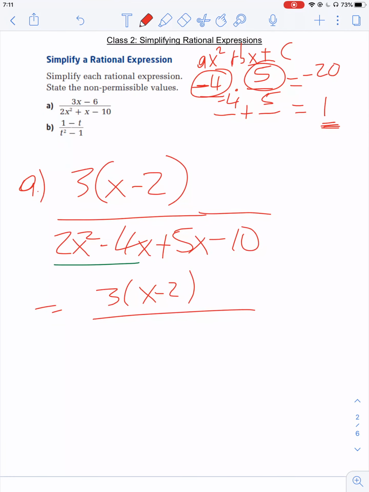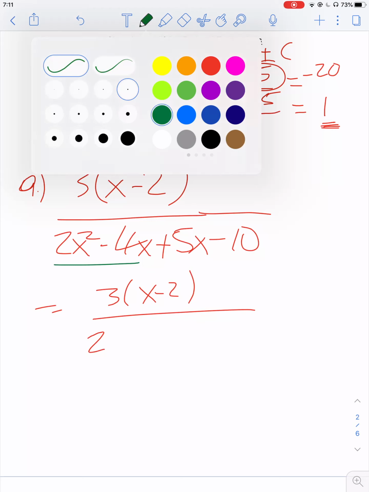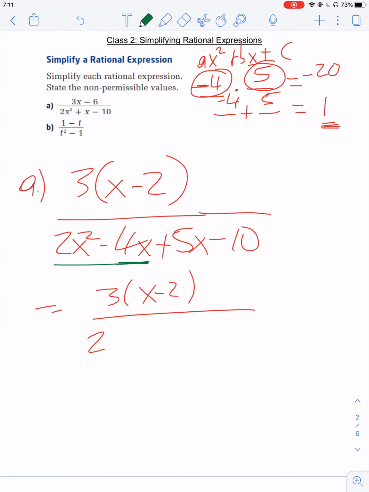So what can I factor here? Well, 2 divides 2, it also divides 4, so I'm going to factor 2, and I'm going to factor the lowest exponent of my x value, which is just 1. So the x that has the lowest exponent is x exponent 1, right? You don't have to put that there, okay? And then you open your brackets, and then you ask yourself, what do I need to multiply 2x by to get 2x squared, right?